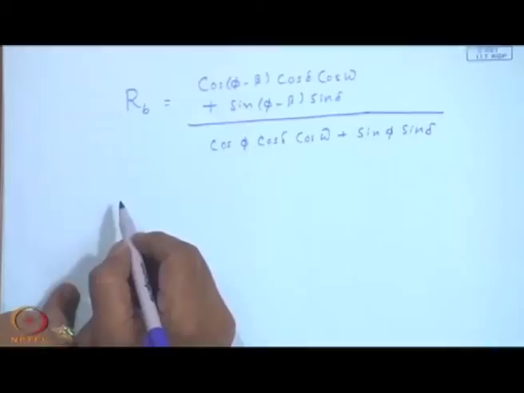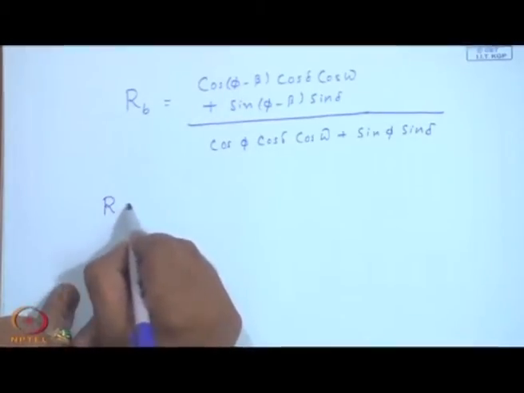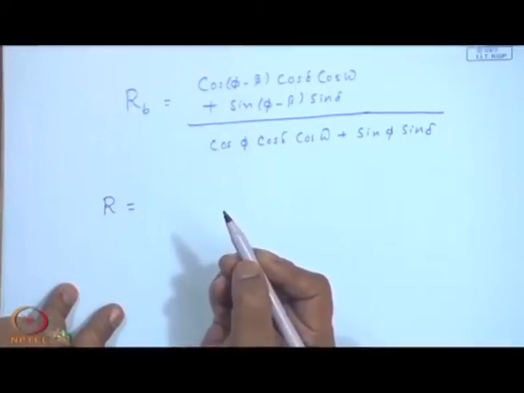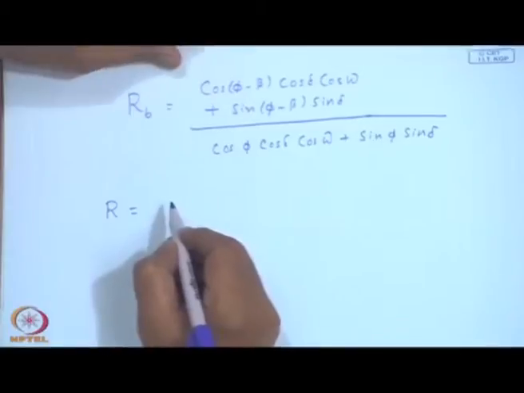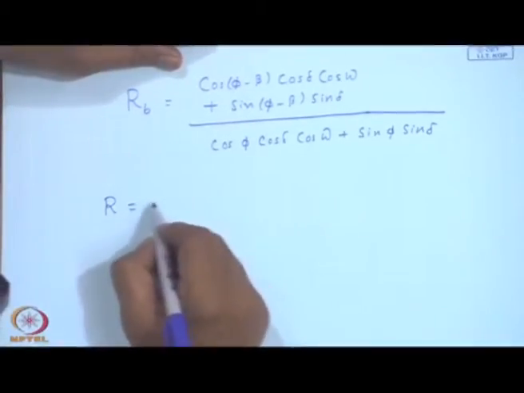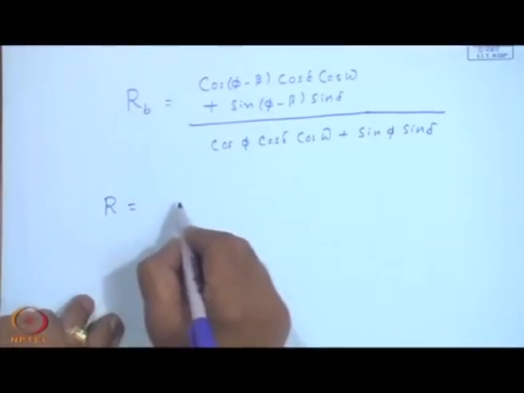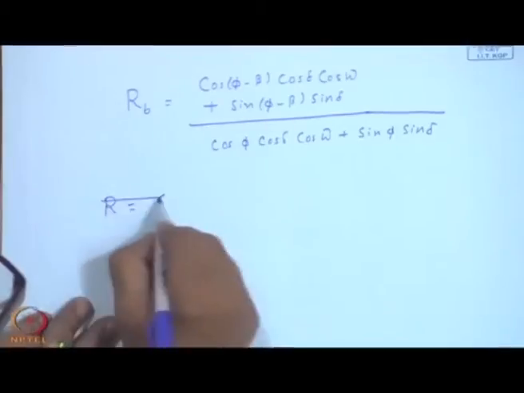Now, what I shall do is, if I define an overall R factor, which is G B T, let me put it this way.